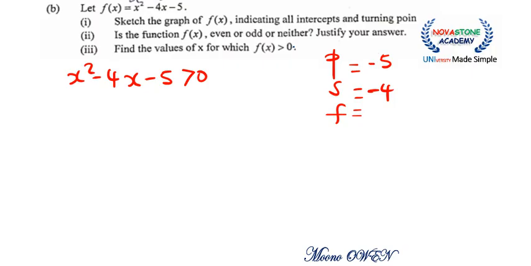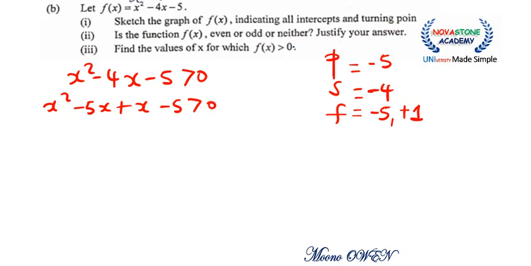Two numbers, when we multiply them, we get negative 5, but when you add them, they give us negative 4. So what do we have? We can get negative 5 and positive 1. Now that we've got this, I'm going to replace the 4x. Therefore I'm going to have x squared minus 5x plus x minus 5 is greater than 0.